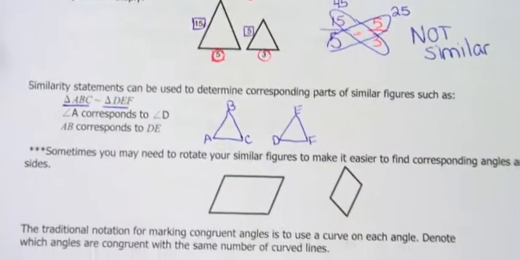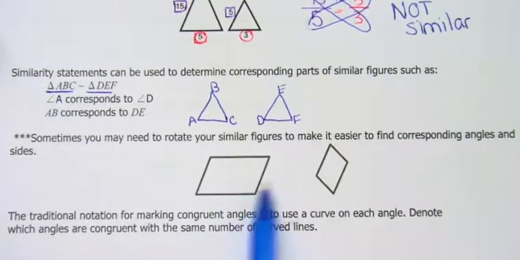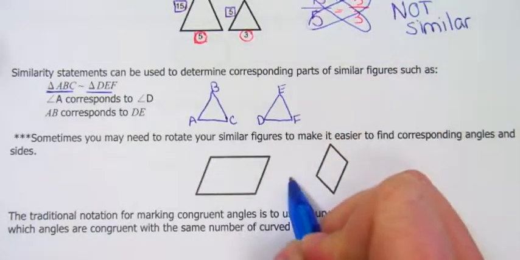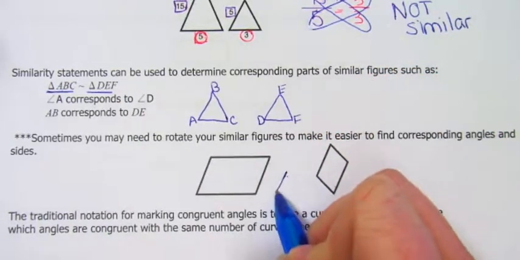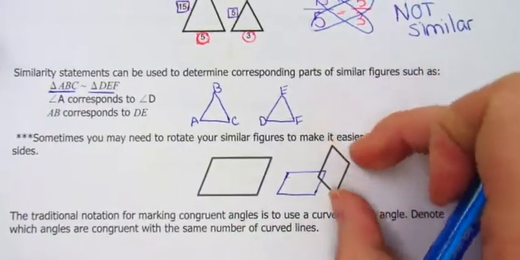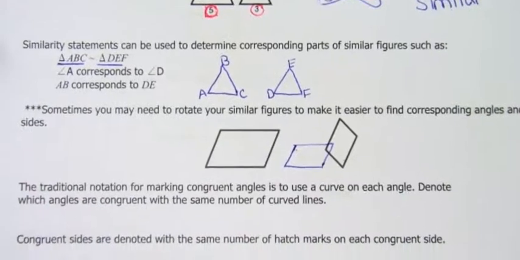Sometimes you might need to rotate your similar figures to make it easier. These two are similar, but they don't look like it. You would have to physically rotate it. For me, to rotate it, I have to be able to draw it back out. So I take this shape and mentally turn it, and then I draw it. Now in similar shapes, the angles are the same.